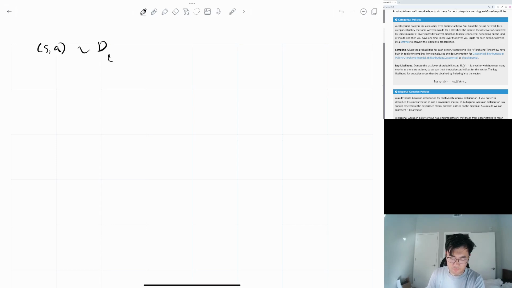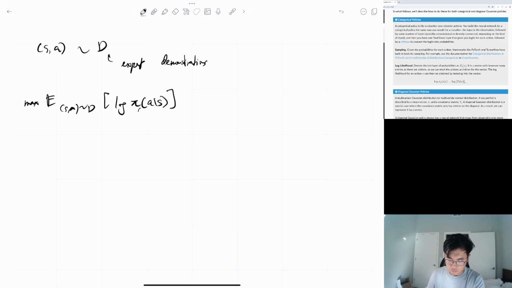These are expert demonstrations. And our objective is going to be to maximize the log likelihood of pi_phi of the action given the state, right?